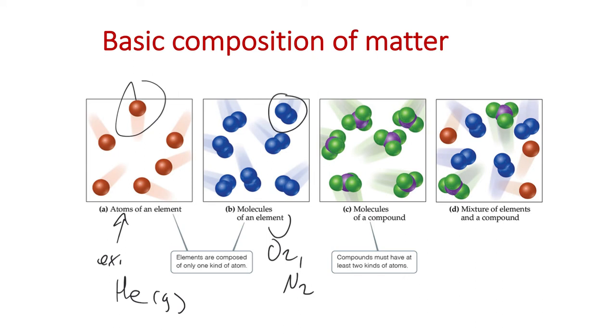And then you can also have molecules where you mix in a different element. There are many different examples. Water is one of them. Ammonia is another. This one kind of looks like ammonia, so I'll use that as my example, because I have three things bonded to a third. Anytime you have two different elements present, things like water, two hydrogens on one oxygen, we call that a molecule, but also a compound.